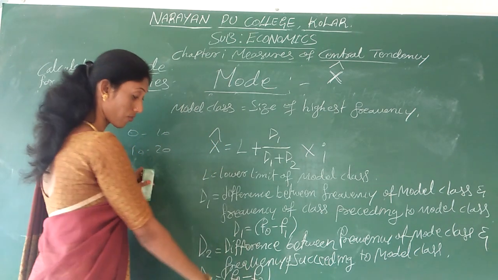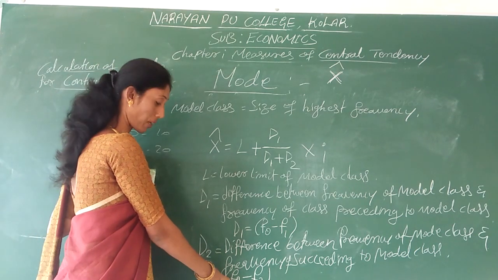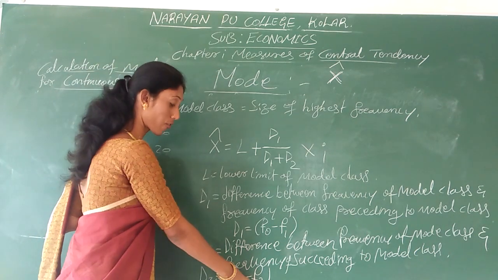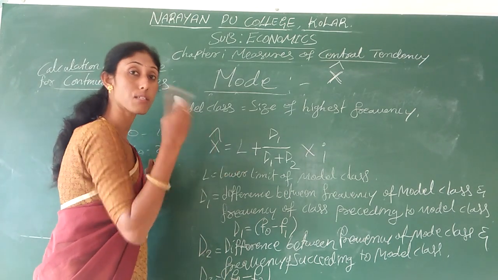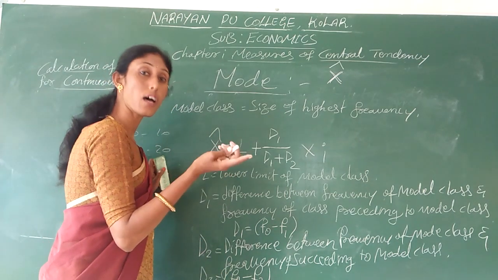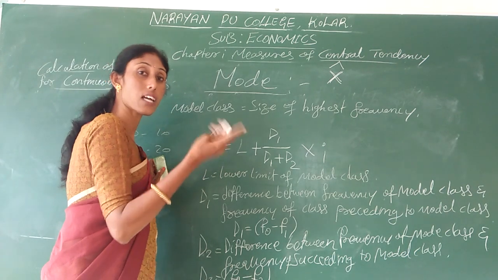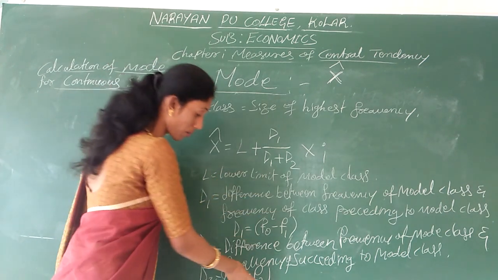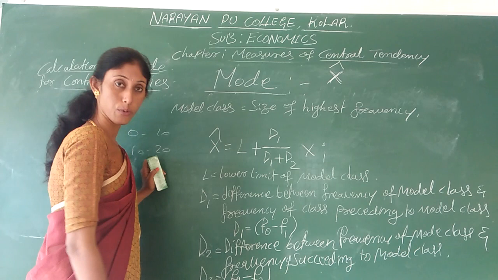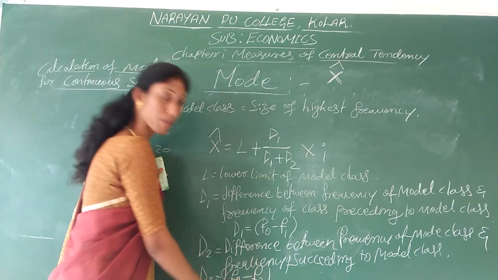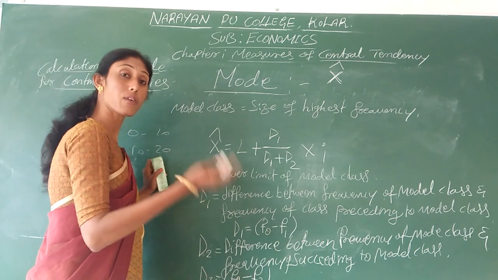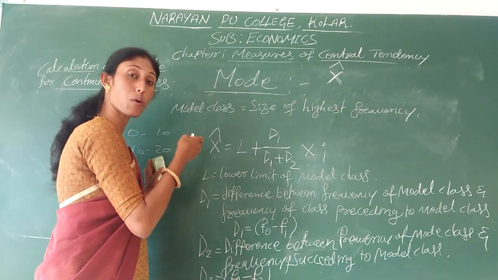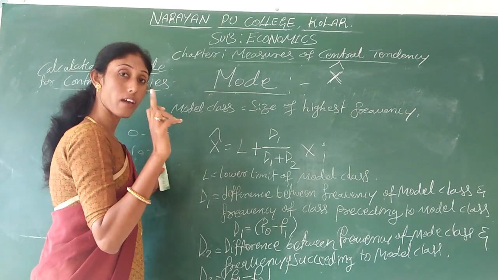f0 minus f2. Here f0 means frequency of the mode class, and f2 means frequency next to the mode class. The frequency succeeding the mode class is denoted by f2, the frequency of the mode class by f0, and the frequency preceding the mode class by f1.